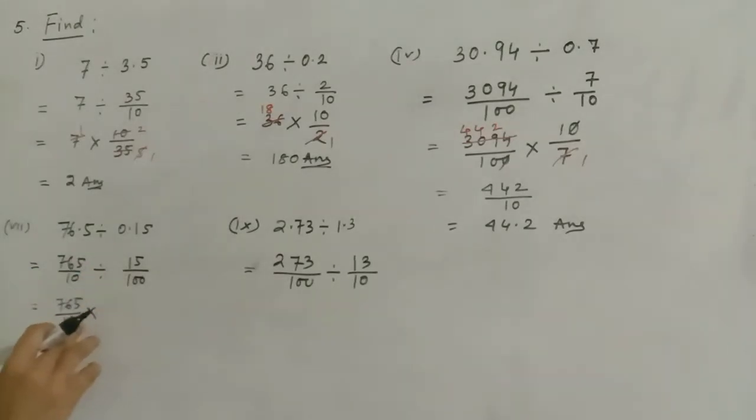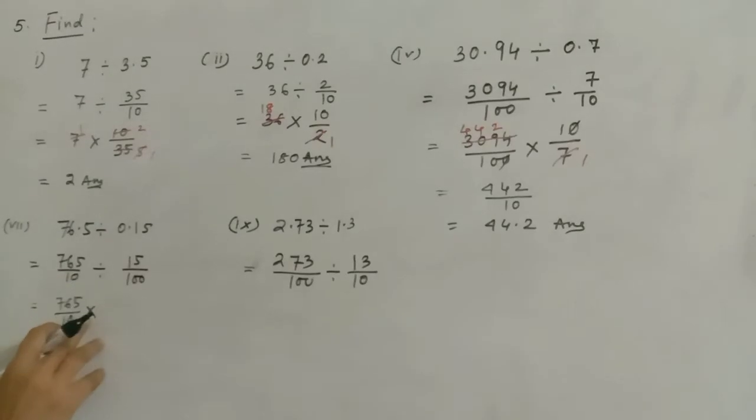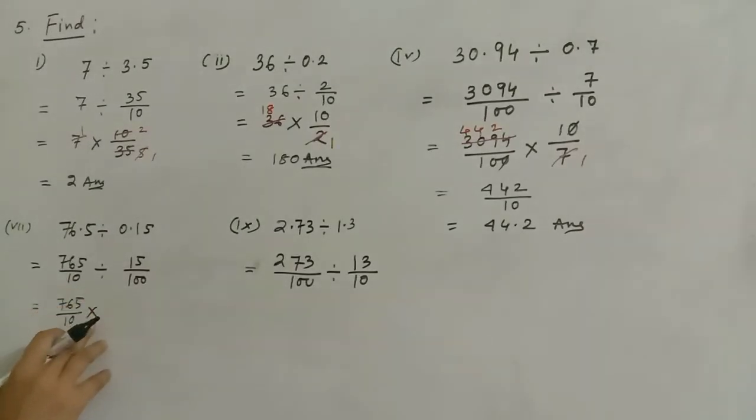In the third line I am changing the division sign into a multiplication sign, and making the reciprocal of the second portion, that means the divisor, 100 by 15. Now you can cancel 0 0, and 15 you can cancel: 15 5s are 75, and 15 1s are 15. Then it will be 51 into 10, that means 510.